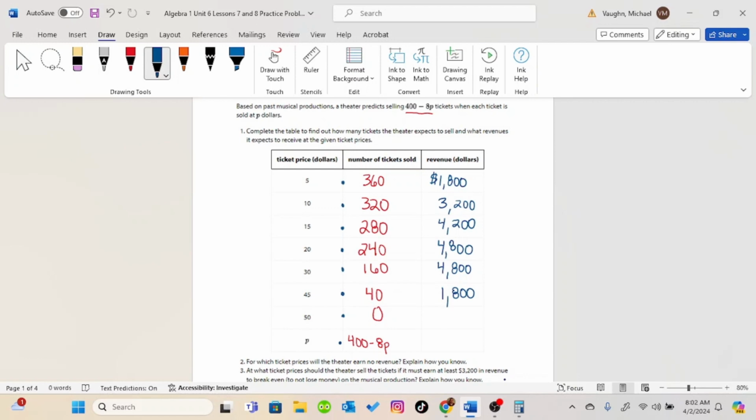And 50 tickets given away for free is $0.